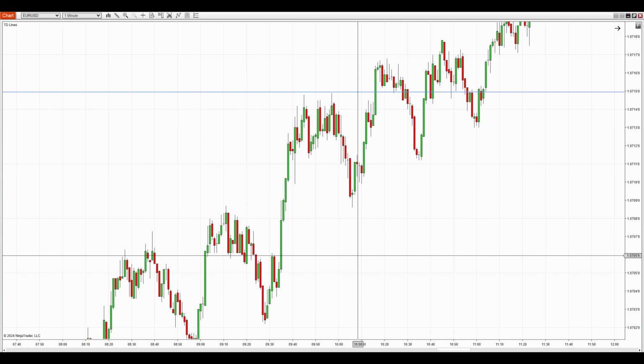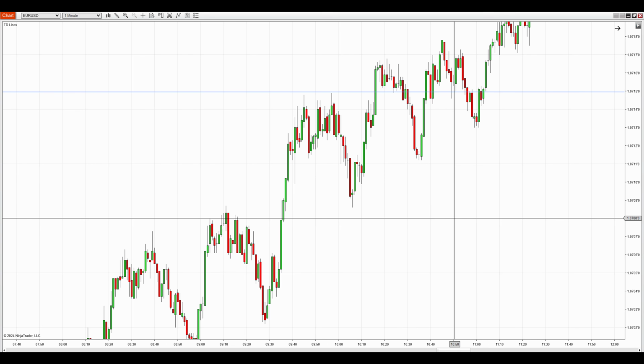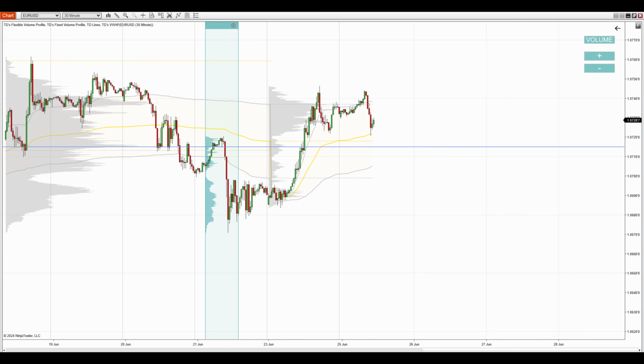You can nicely see that on this 1-minute chart, right here, this reaction, which occurred only 0.1 pip before that level. So because of this, I considered the level tested and I wasn't trading it. Right, because the level got tested a little bit sooner, just 0.1 pip. So that's for this short on the euro dollar.